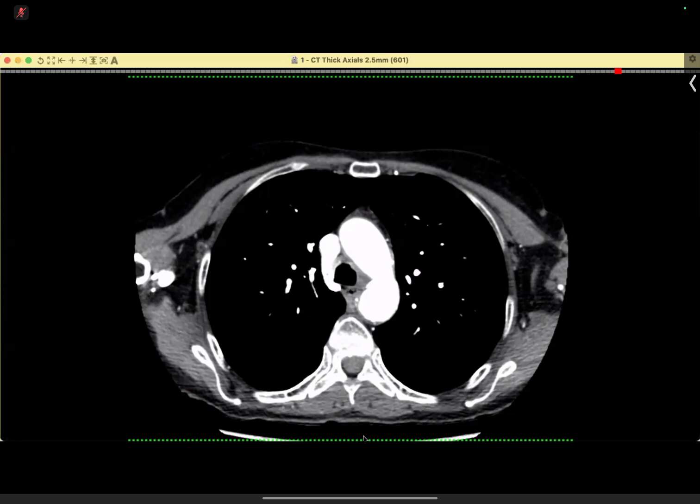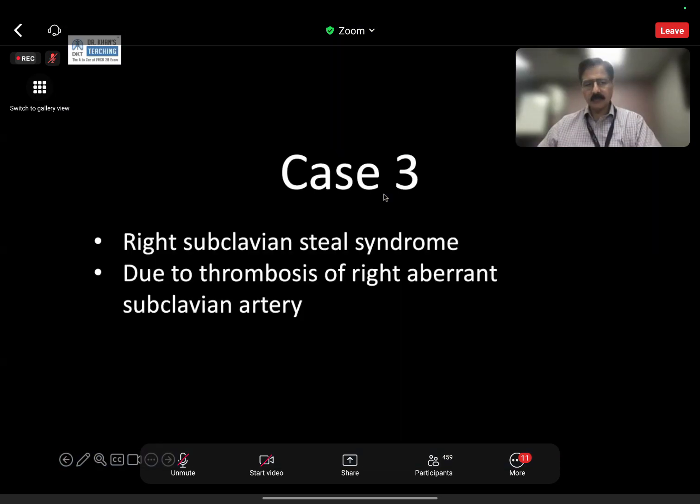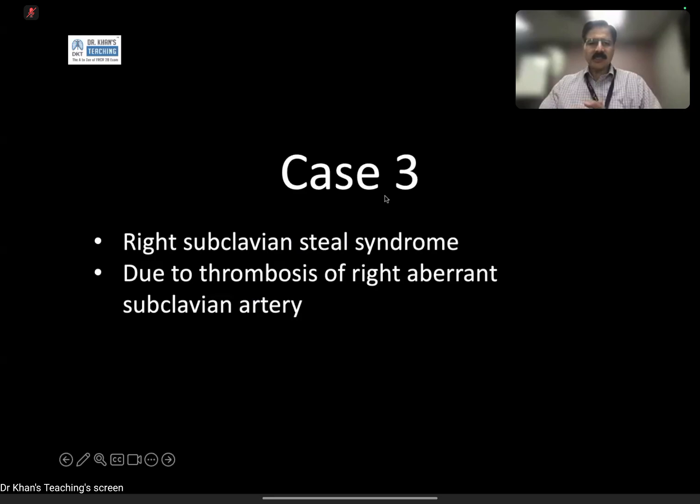So, first of all, let me show you what it is, and then I'll go through the scan. This is a case of right subclavian steal syndrome.